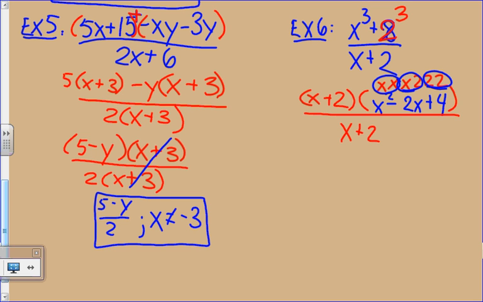This. So this is our answer, but what can x not equal?